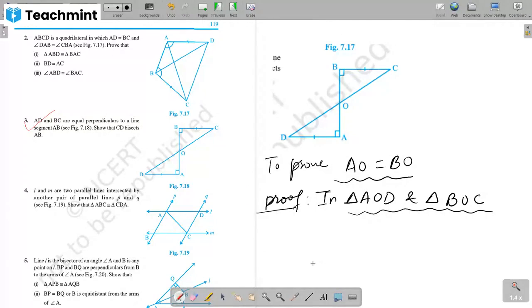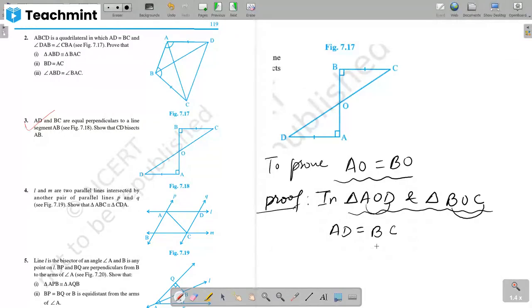Now this AO and BO, they are not equal; we have to prove that. We check whether AD is equal to BC or not. Are they equal? Yes, ma'am, given. Yes, it is given. So we will write AD equals BC.